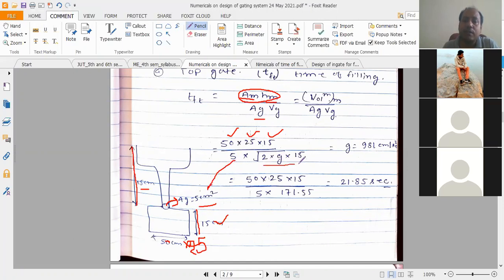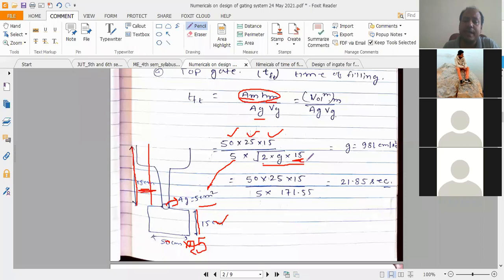Now the velocity at the gate point is not given directly, so we can find it by root under 2gh, which is the root under 2g and the head at the gate point. So the total head at the gate point is 15 centimeter. Look at here. It is given the total height ht is the 15 centimeter.